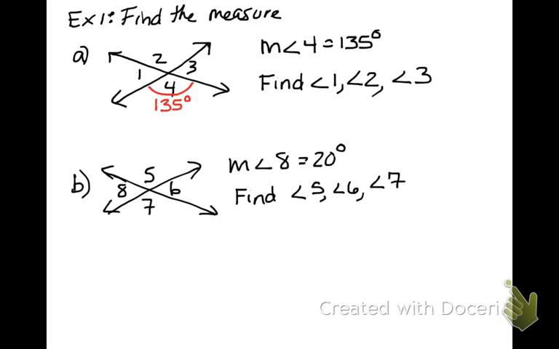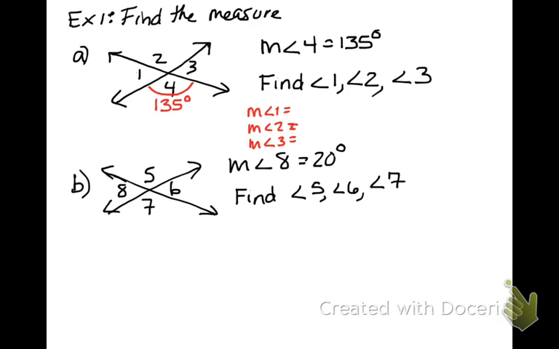After I draw it out, I write it in, and then I'm going to put measure angle 1 equals, measure angle 2 equals, and measure angle 3 equals. You do not have to go, okay, I have to find angle 1 first. You don't have to do that. So we're going to discuss how to do the easy one first.